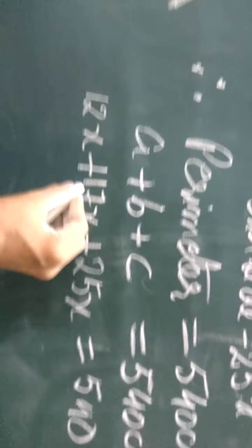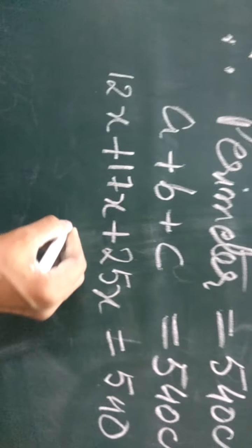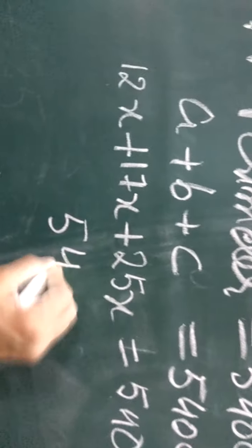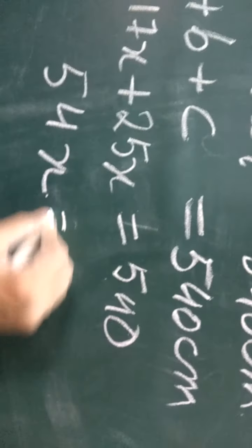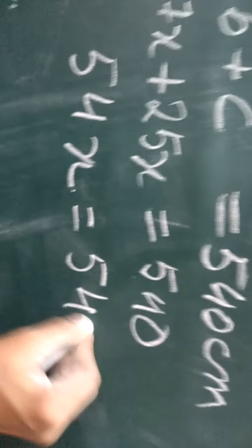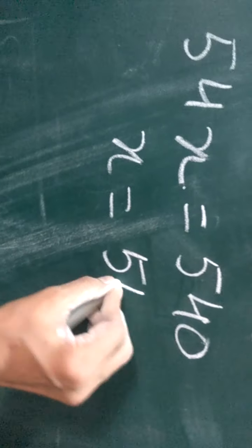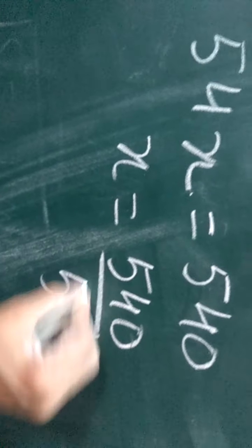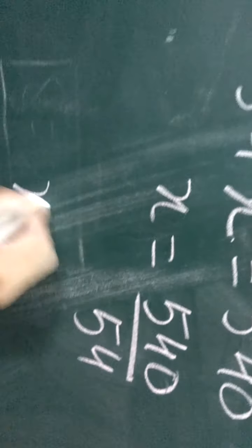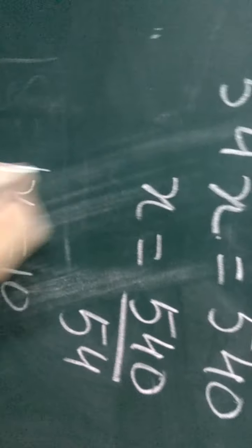So now 12 plus 17 plus 25, we will get 54x is equal to 540. So x is equal to 540 divided by 54. So in this way you will get the value of x.